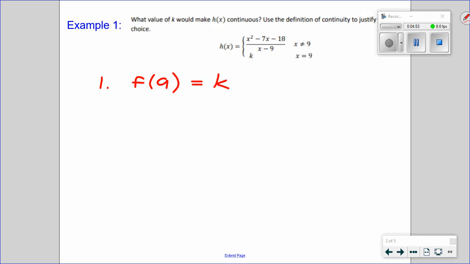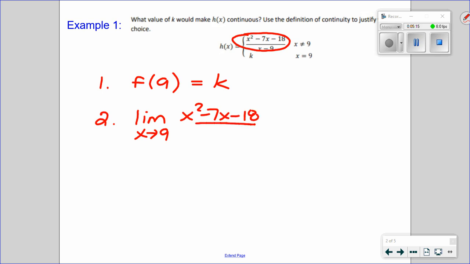If I go to step 2 and evaluate the limit as x approaches 9, with this type of piecewise function we're interested in when x is not equal to 9. So to evaluate the limit, we use this function. We try direct substitution first, but we get 0 over 0.